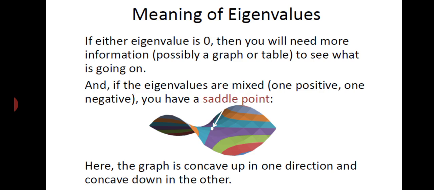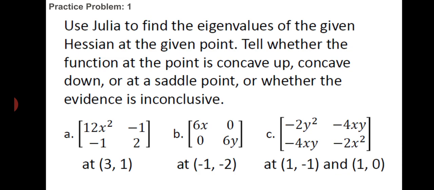It is just like an inflection point, where we change from one nature of curve to another nature of curve. That point is known as a saddle point, where we are changing the transition. So here the graph is concave up in one direction and concave down in the other direction. This is for eigenvalues where some are positive and some are negative.